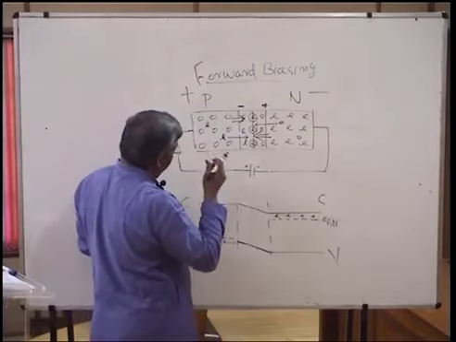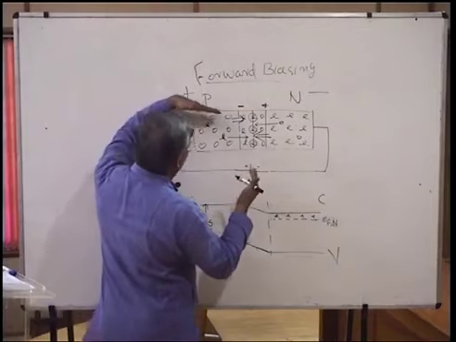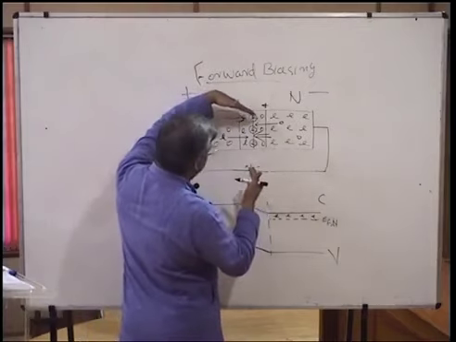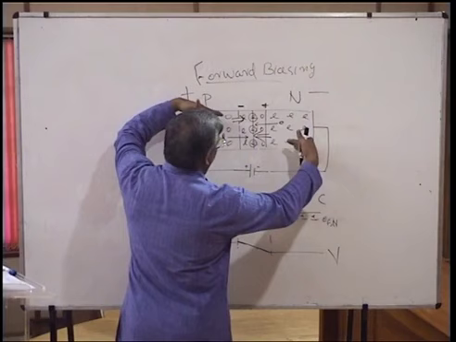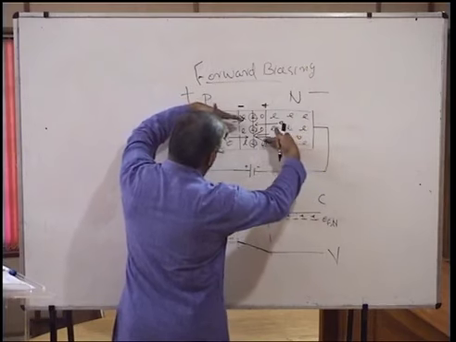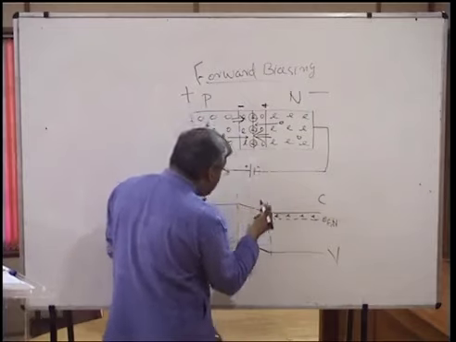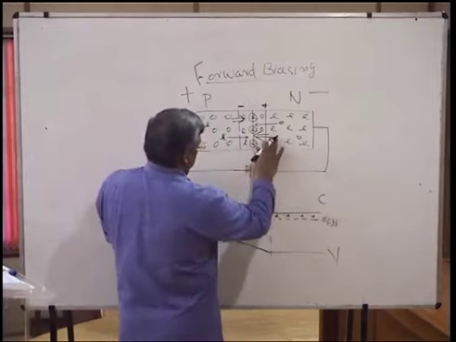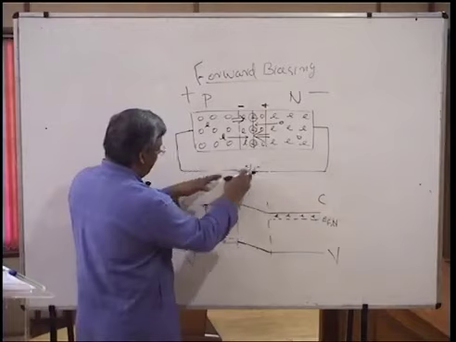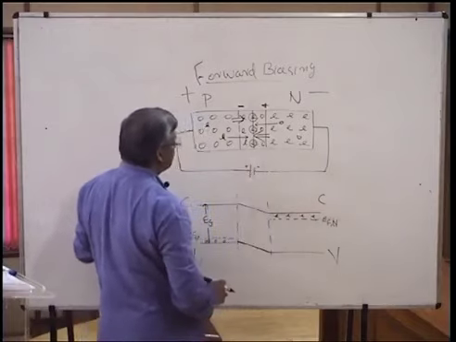What happens there is that a large number of holes will be coming from the P region to the depletion layer, and a large number of electrons will be coming from the N region to the depletion layer. This is not diffusion, this is drift under the external electric field.